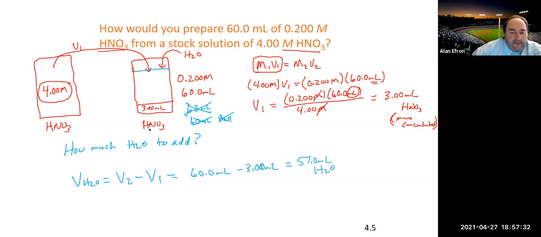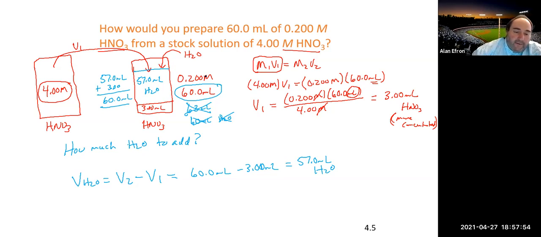Any questions on that there? So I would add there 57 milliliters of water. My 57 milliliters of water plus my 3 milliliters of acid gives me a grand total of 60 milliliters, which is exactly what I'm looking for.